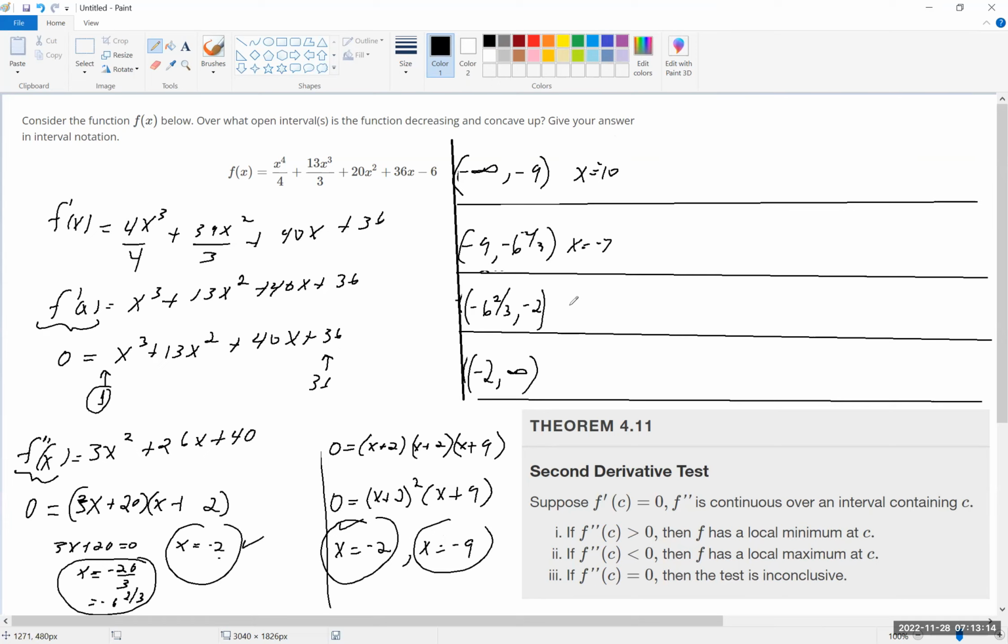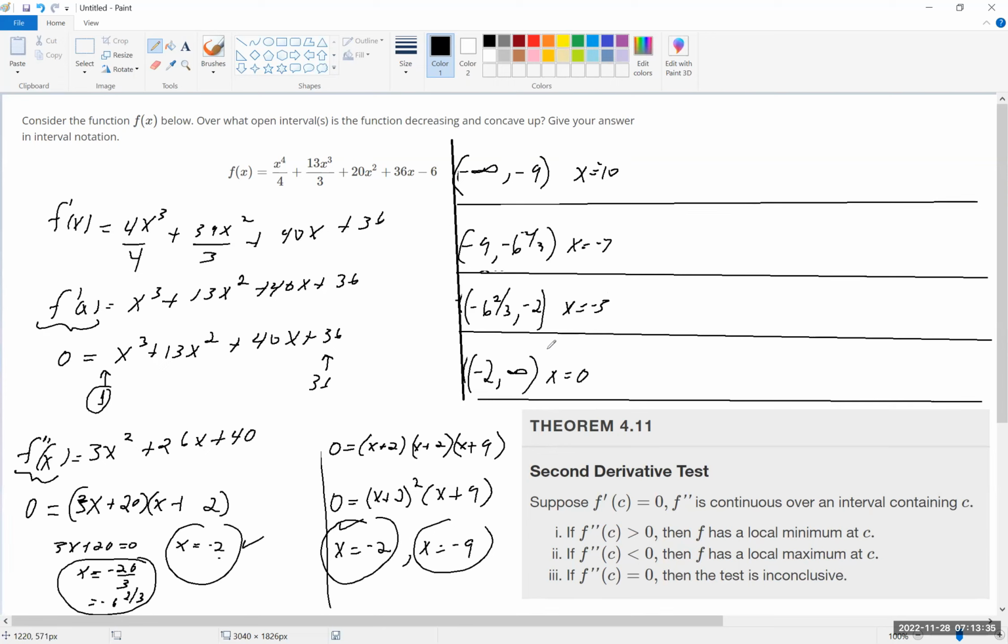And over here, I can use -3. -5 would have been another good choice. And then over here, I can use 0.